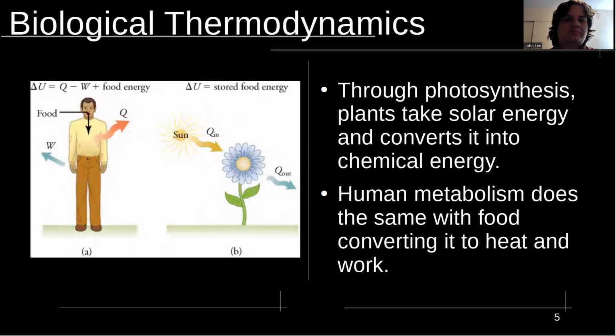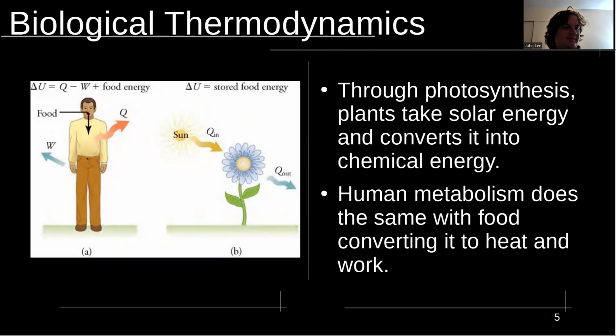But basically, through photosynthesis, plants take solar energy, so thermal energy from the sun, and convert it into chemical energy, which is able to then do the work that the plants need to grow and to survive. And then the humans do the same thing with their metabolism, where they eat food and convert the chemical energy into heat and work, which is how we're able to survive.